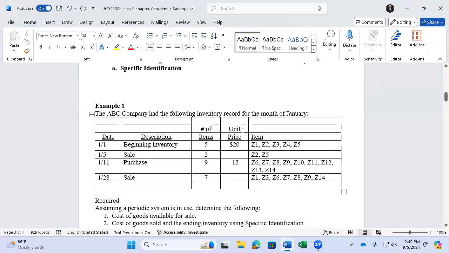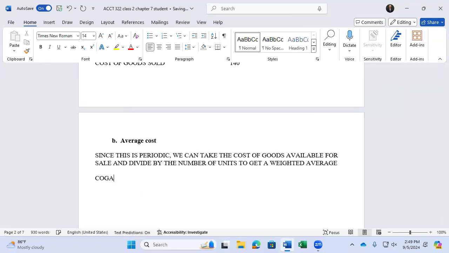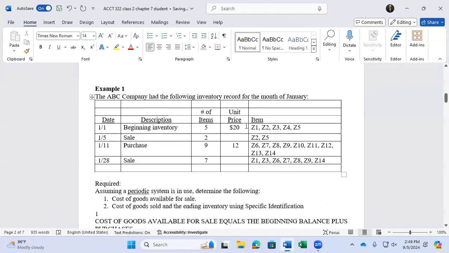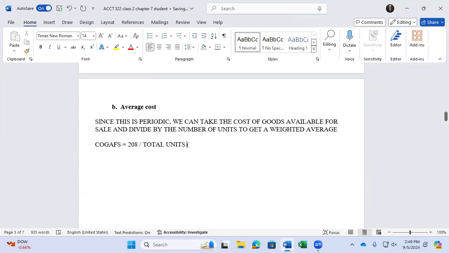We know cost of goods available for sale equals 208. We're going to divide by total units, and it should be 14, right? You've got 5 here and 9 here, so 14. So we have 208 divided by 14.